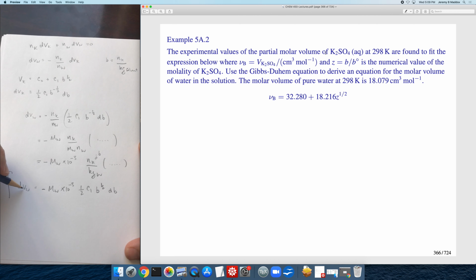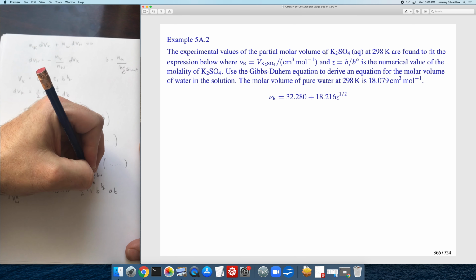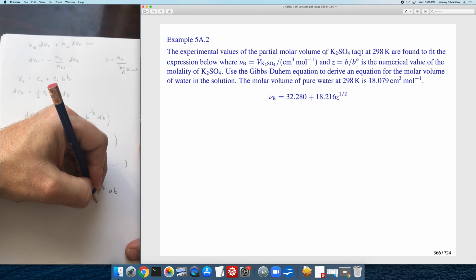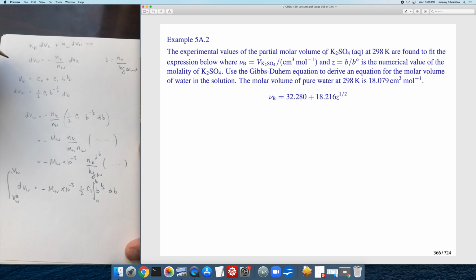So the left-hand side is going to be integrated from pure water to whatever the partial molar volume of water should be at a given concentration. The right-hand side will be integrated from pure water, which would be a molality of 0, to whatever concentration B we want.